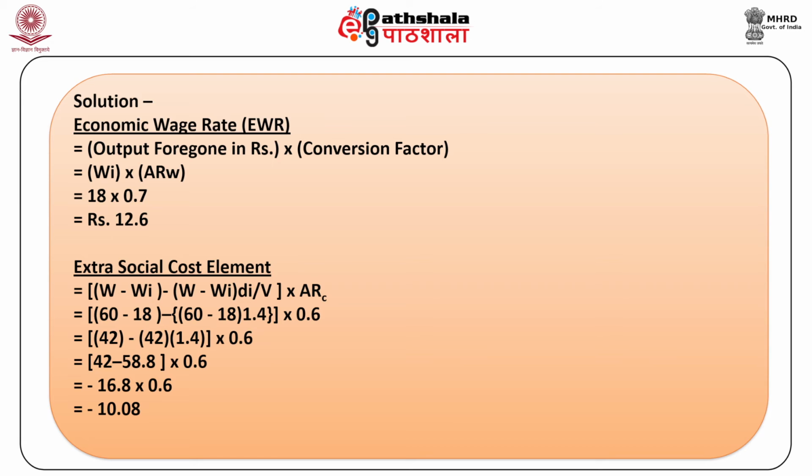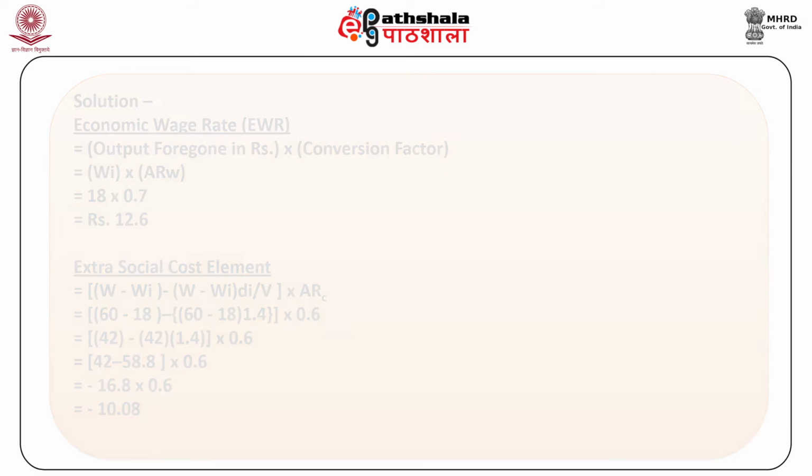B. Extra social cost element. This is given by the formula W minus WI minus W minus WI into DI divided by V into ARC, which is again equal to 60 minus 18 minus 60 minus 18 into 1.4 into 0.6, which is equal to 42 minus 42 into 1.4 into 0.6, which is again equal to 42 minus 58.8 into 0.6, which is equal to minus 16.8 into 0.6, and which is equal to minus 10.08.